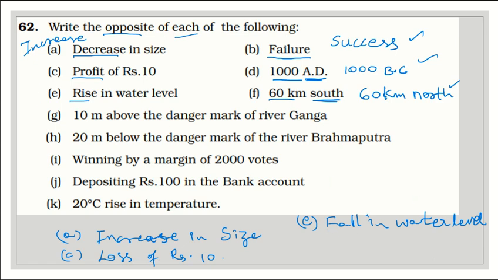Now coming to G, 10 meter above, above is the keyword, opposite to that is below. In question H, 20 meter below the danger mark of the river Brahmaputra, here below is the keyword, opposite of it is above.